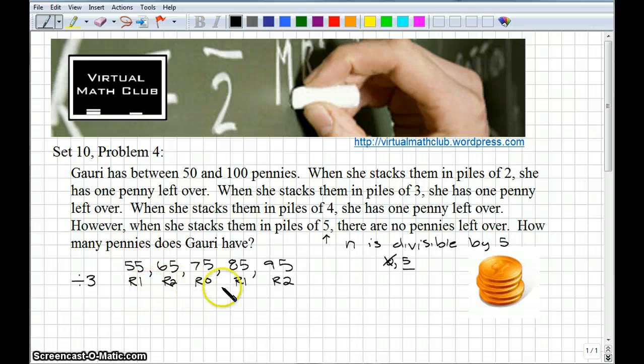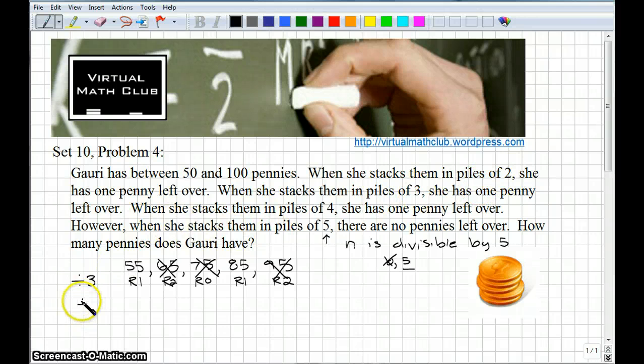Okay, so that narrows it down even further because we know that when she stacks the pennies in piles of 3, she has 1 left over. So that means the remainder when the pennies are divided by 3 is 1. So we know now that it can't be 65, it can't be 75, and it can't be 95, okay? The only ones that have a remainder of 1 are 55 and 85. So we've taken care of basically 2 and 3, and the only other one is 4.